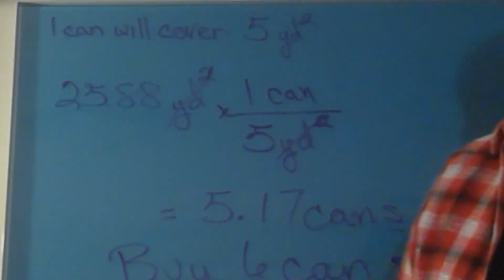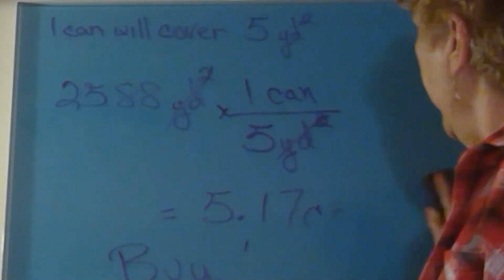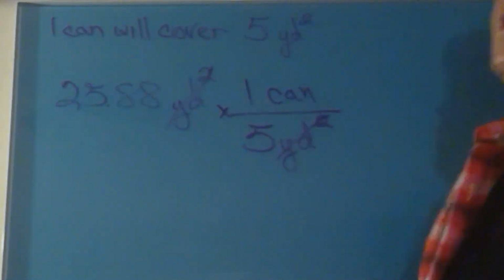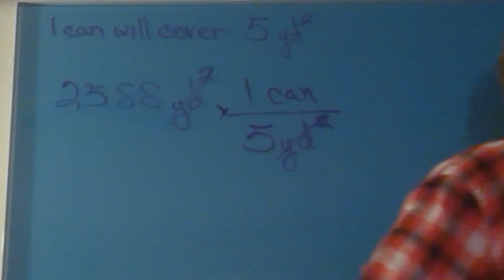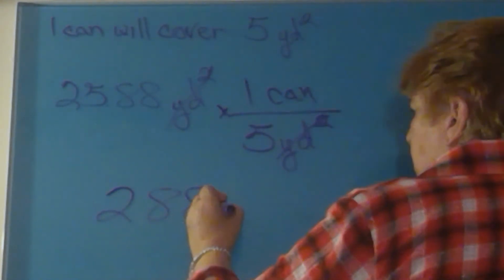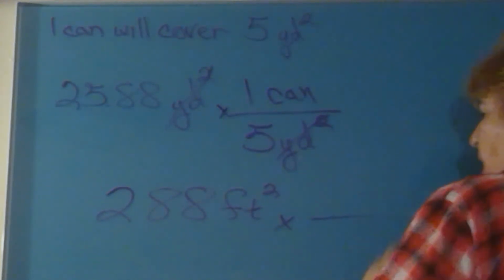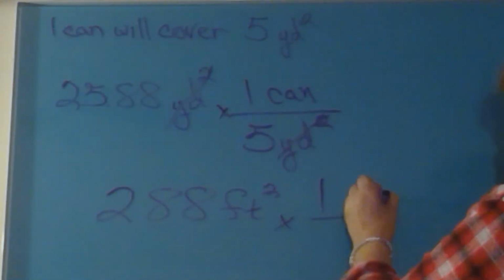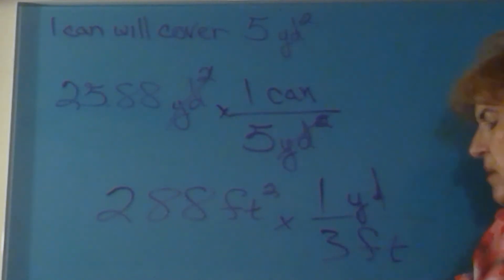There was one thing I did want to go over. How many square feet did I have? I had 288, I think. And I showed you, you had to divide or multiply that by 1 yard over 3 feet twice.